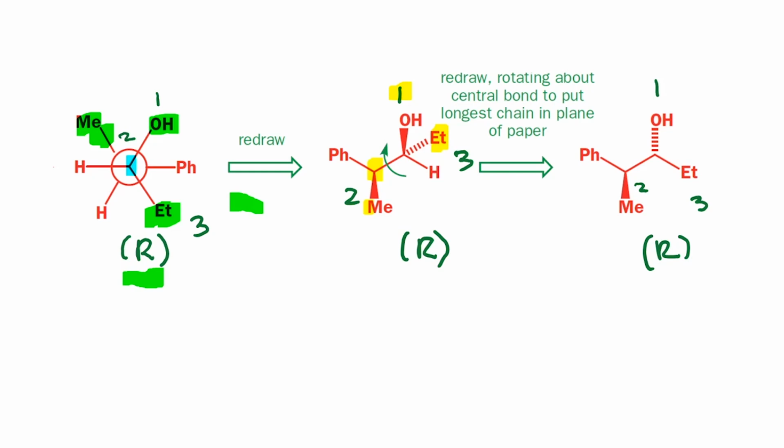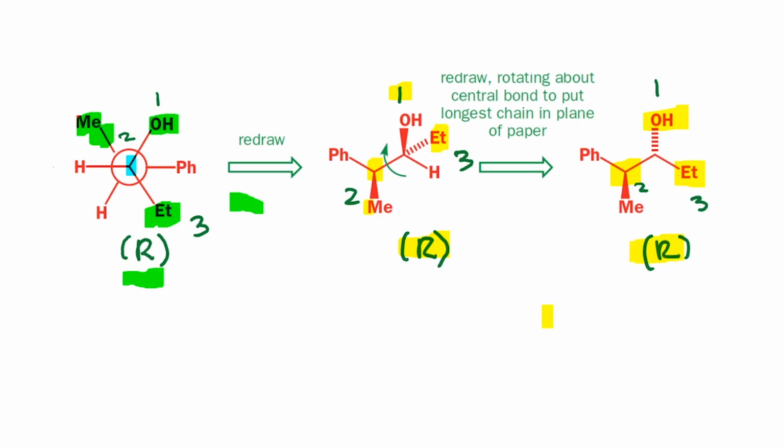Looking at it with the hydrogen pointing towards me, it is clockwise, and therefore it is R again. Lastly, we'll assign the stereochemistry for this final structure, again taken from Clayden. Here again, OH, this carbon over here, and ethyl are 1, 2, 3. This is anti-clockwise, but since the hydrogen is pointing towards us, this becomes R.